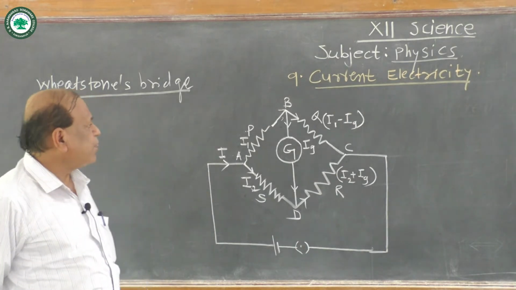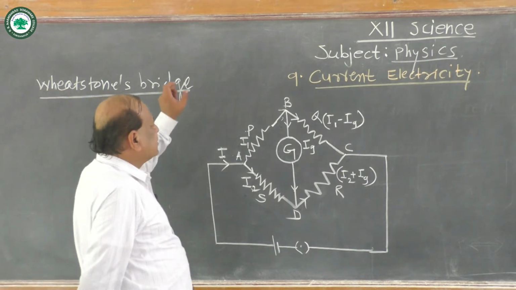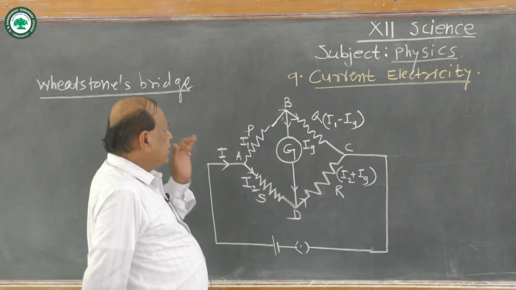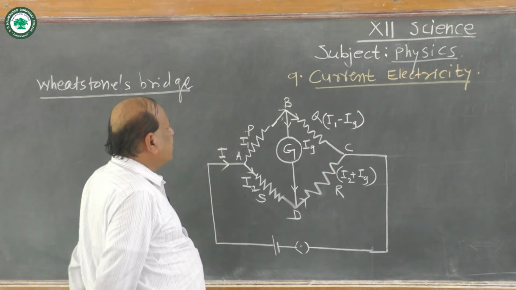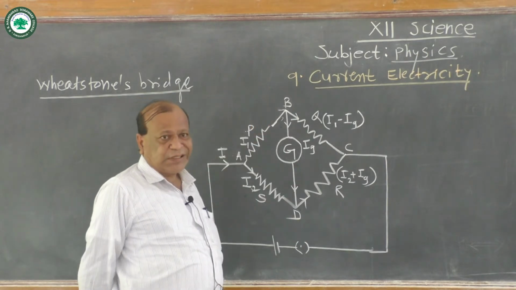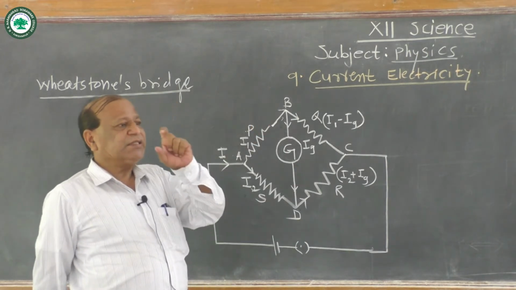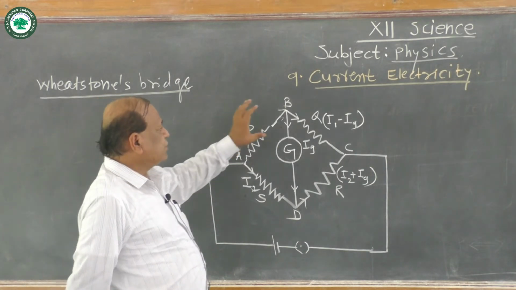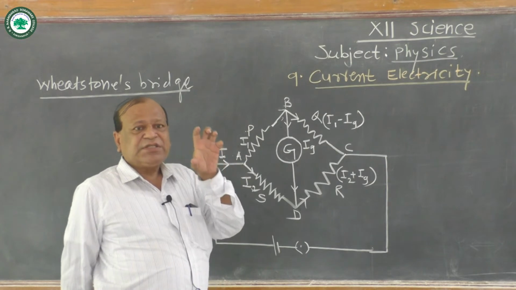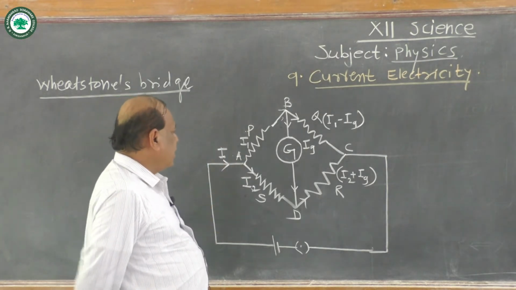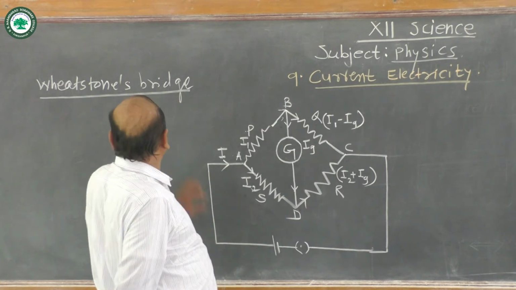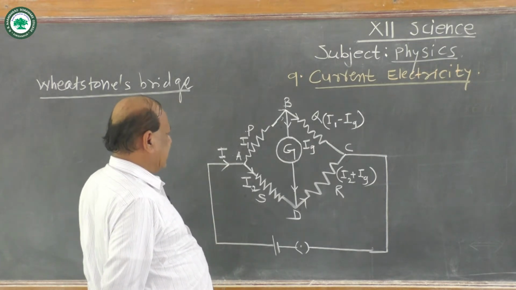Last time we saw the sign conventions for Kirchhoff's voltage law: potential difference along the direction of conventional current is treated as negative, and potential difference opposite to conventional current is treated as positive. This is an important sign convention for this Wheatstone's network.